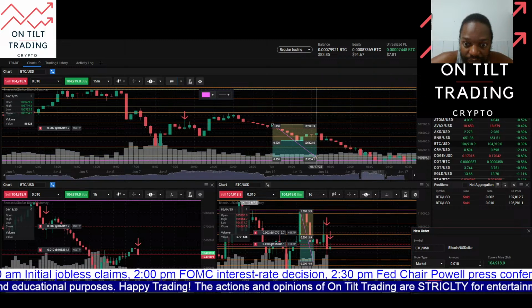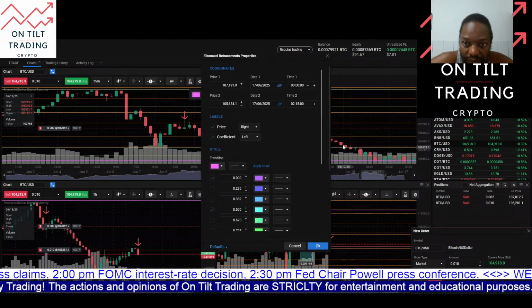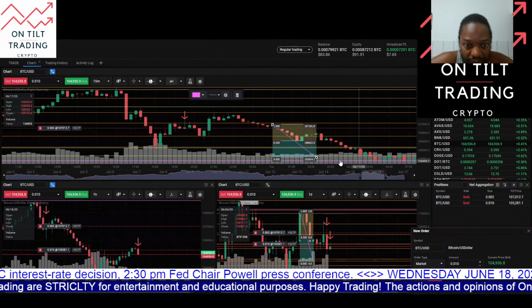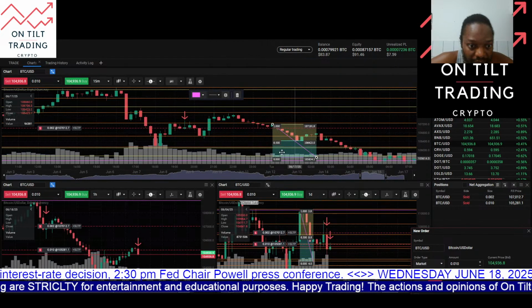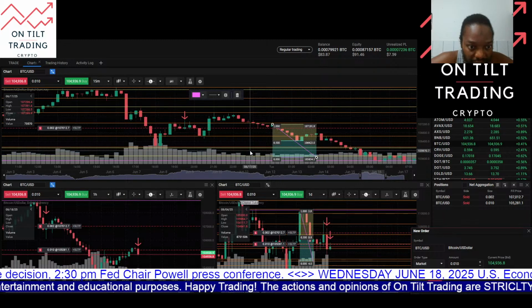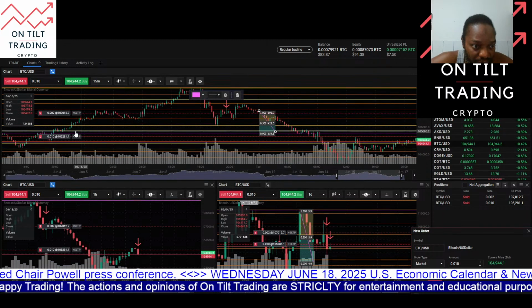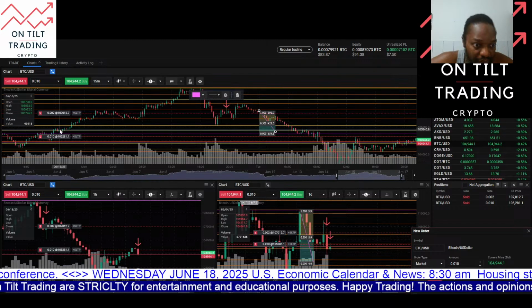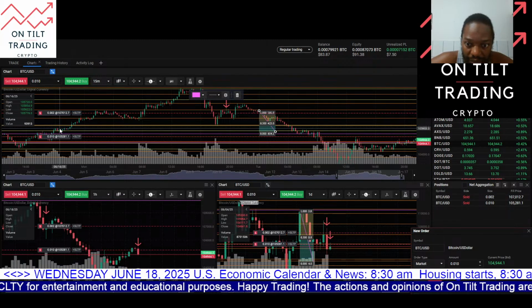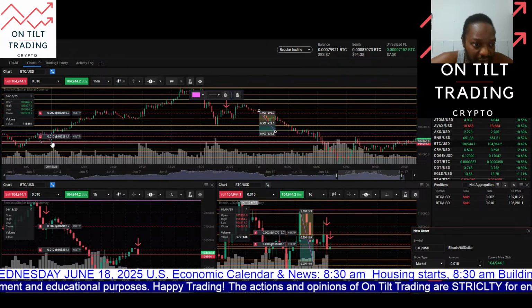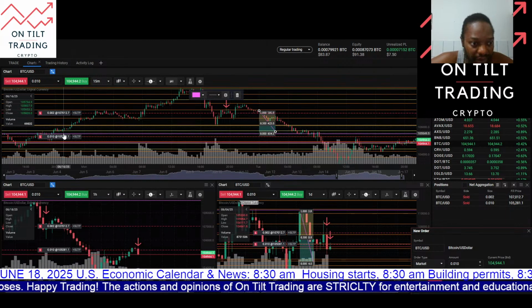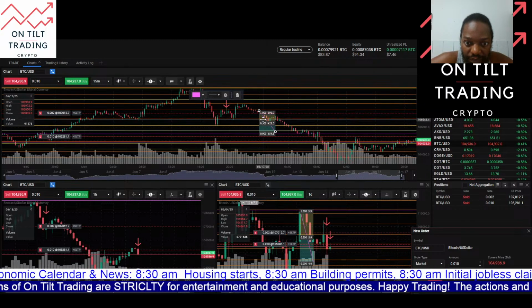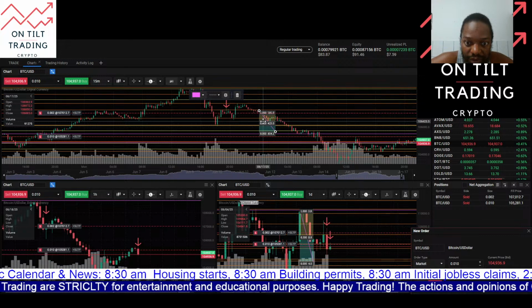So right there. If I were to do that, that would put my target down here, which would have been my final target. I believe price did reach down to here, but I was only comfortable with this. So there may be some usefulness here with the Fibonacci retracement tool on displacement.